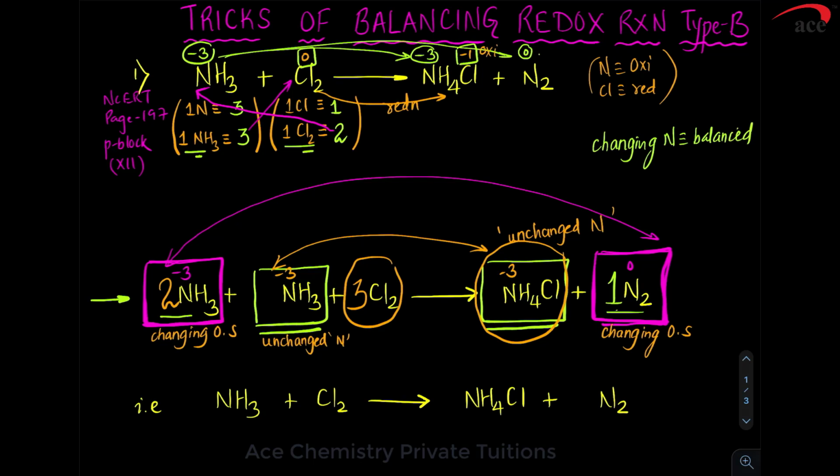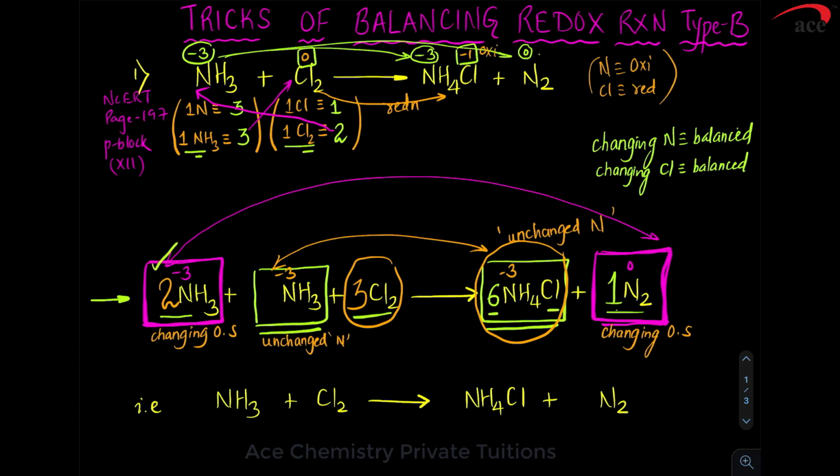Okay, coming to the next one, chlorine. How many chlorine are there here? 6. So how many chlorine should be present here? It should be 6 only. So even changing chlorine is balanced. Changing chlorine means chlorine whose oxidation number has changed. So 6 chlorine, this is balanced.